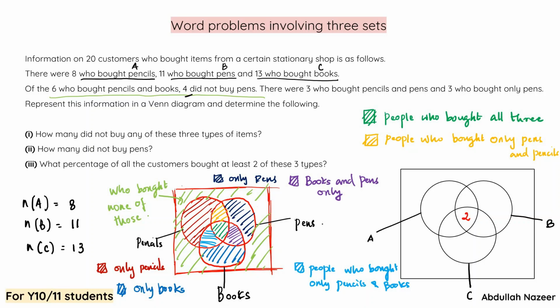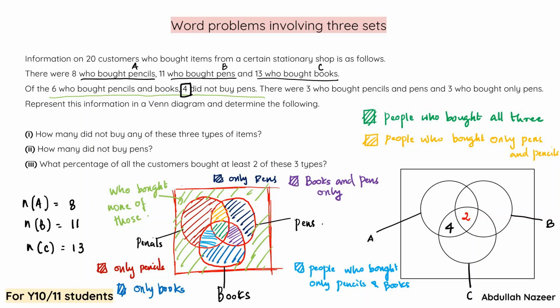However, these 4 people did not buy pens, but they bought pencils and books, which means these 4 bought pencils and books only. That is this very light blue region over here, so that 4 will fall into that region.